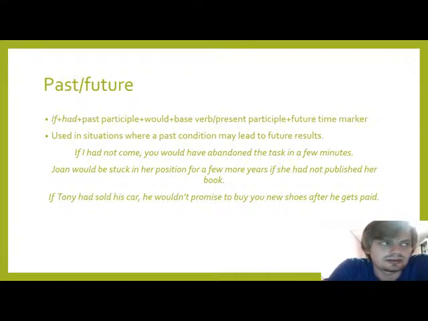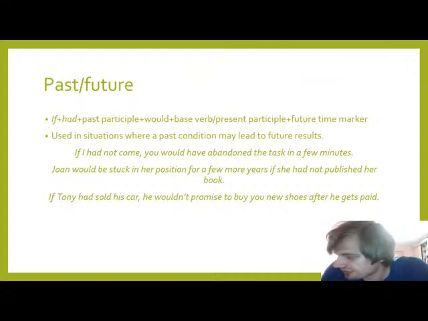Then the auxiliary verb had with the past participle verb form, the auxiliary verb would, and then we add the base verb or the present participle form and a future time marker. It's used in situations where a past condition may lead to future results. So what we are saying here is that if I did not do that, you would be doing this.